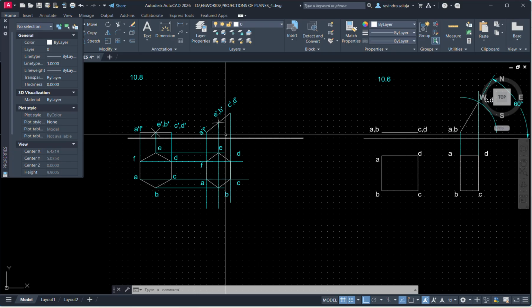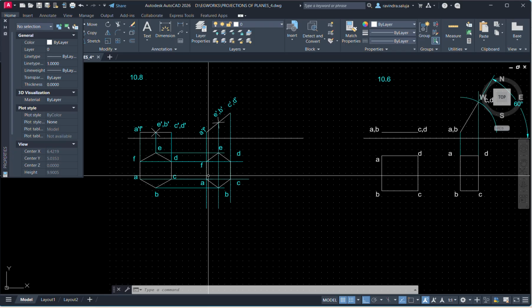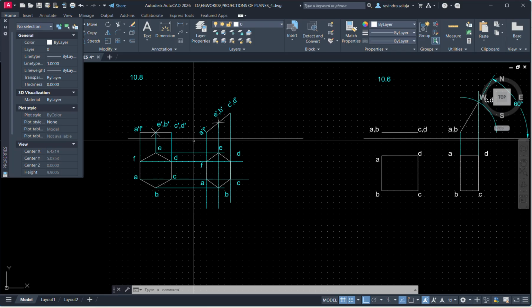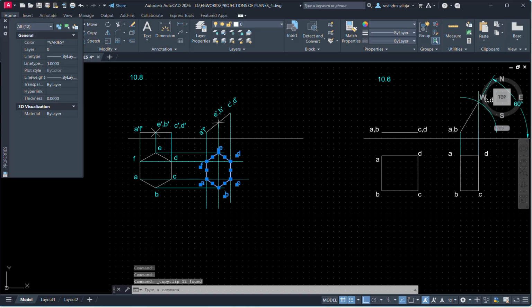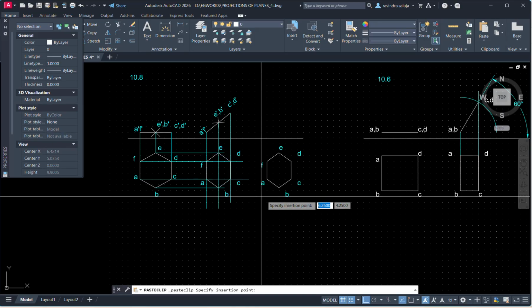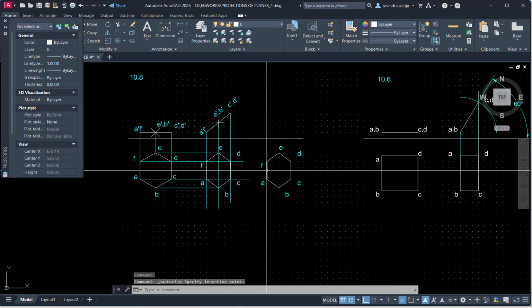So in the next step, AF you need to make 60° to the VP. Means this view you need to copy, and this AF or FA you need to make 60° to your reference plane or the VP.